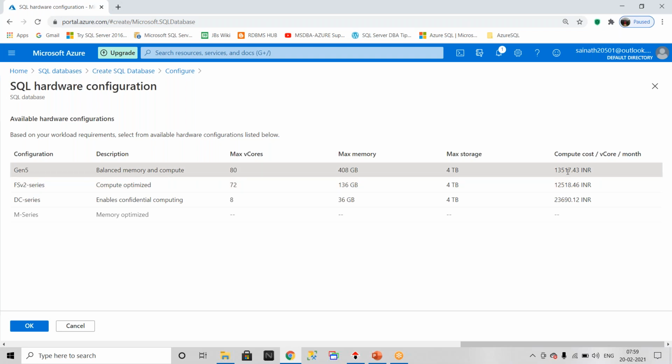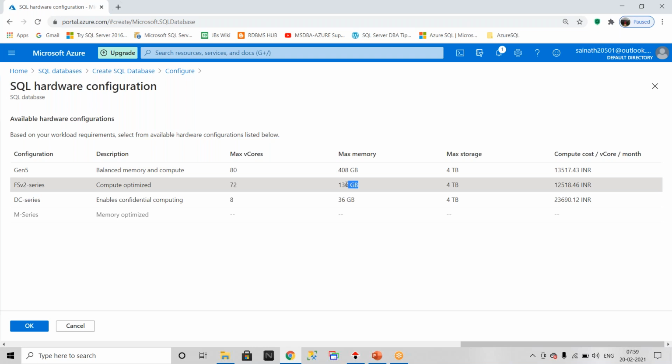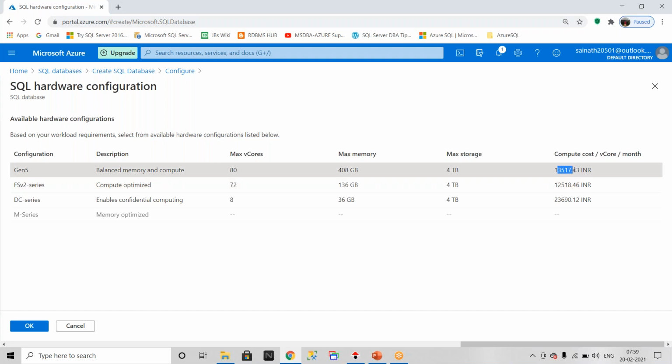There is not much difference. Only 1,000 rupees is the difference between Gen 5 and FS V2 series, because Microsoft is restricting the memory. You will get only 136 GB, and the cost is only a minor difference, 1,000 rupees, sir.